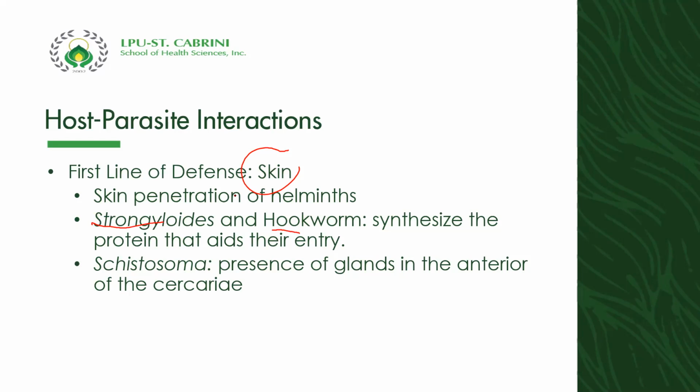Strongyloides and hookworms synthesize proteins that aid their entry. Remember that the adaptive mechanisms of some helminths allow them to overcome these defenses, like the filariform larvae of Strongyloides and hookworm. Now remember that the cercariae of Schistosoma are also capable of penetrating the skin.